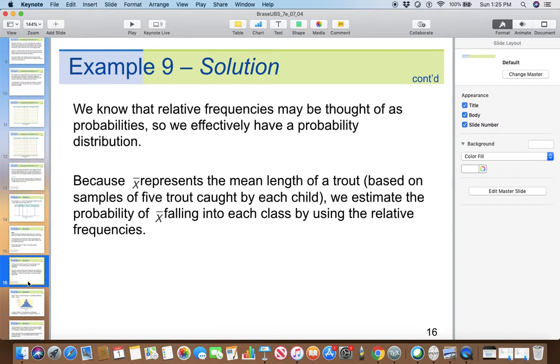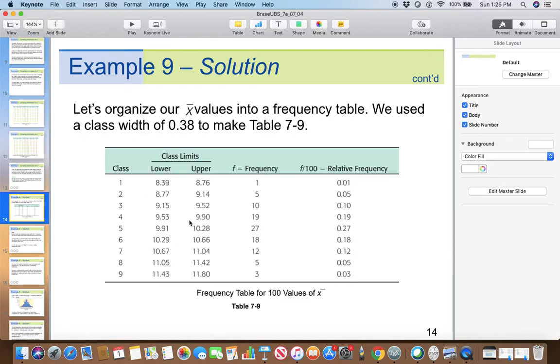Now, we know that the relative frequencies may be thought of as probabilities. So we effectively have a probability distribution. Here is a class limit, so that's an interval, and then you have a probability. So this is a probability distribution.